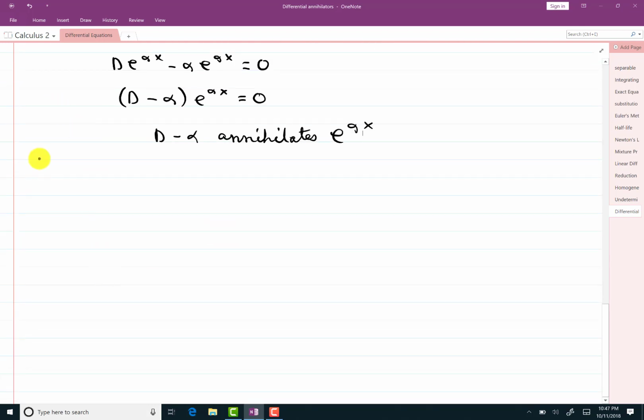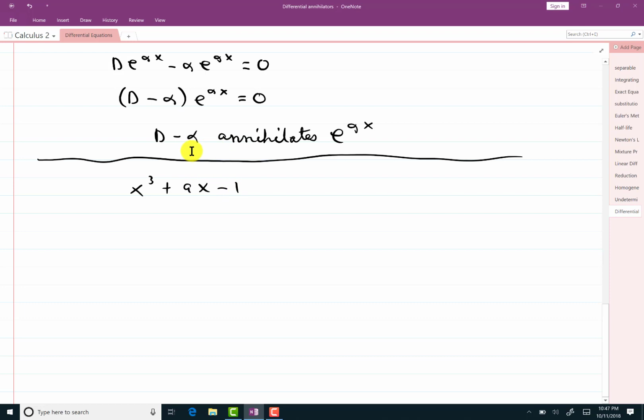What about the next? What can you find that will annihilate, say, x cubed plus 9x minus 1? Can you think of something that will annihilate that whole thing? Well, we know that if you take the fourth derivative of x cubed, it will wipe it out. But the fourth derivative will more than wipe out the rest of the other terms as well, because the fourth derivative of 9x is 0, and the fourth derivative of negative 1 is 0.